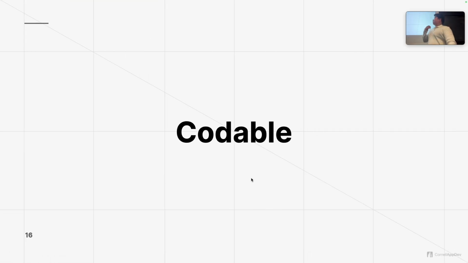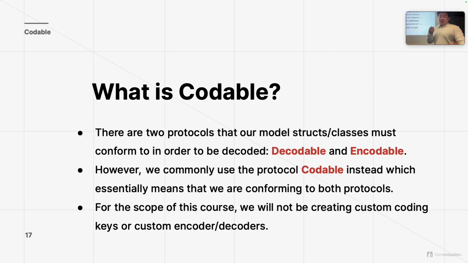This is where Codable comes in. As you can see, we have a JSON that we get from the backend, and we want to be able to use that now within our Swift code. There are two protocols integrated in Swift that help us do this, Decodable and Encodable, and they are combined into Codable. Whenever you're implementing this, the protocol you would just use is Codable, because Codable encompasses both Decodable and Encodable.